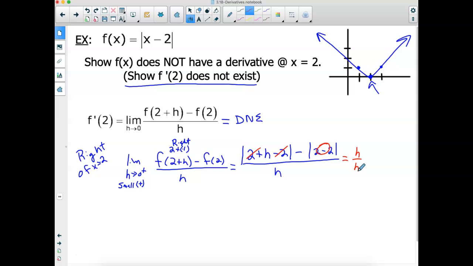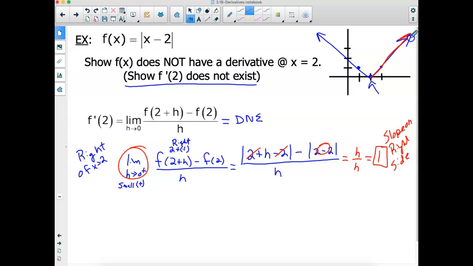Well, I can reduce that. h over h is the same thing as 1. It's always the same thing over the same thing. So now the limit as h approaches 0 from the right of a constant equals 1. That means the slope on the right side is 1, and that makes sense because this is a ray.